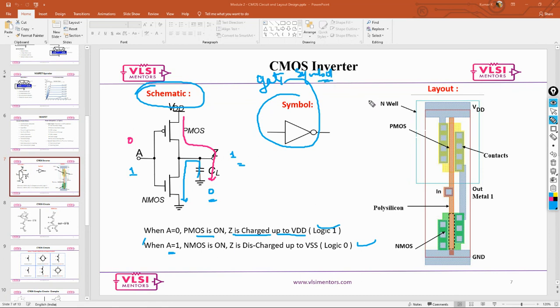Now this is what we call a layout. When you say inverter or the schematic, at the end of the day, this is what actually gets manufactured in the foundry. So knowing the inverter operation is very, very important. You need to draw a circuit like this and start analyzing how the circuit is going to operate.